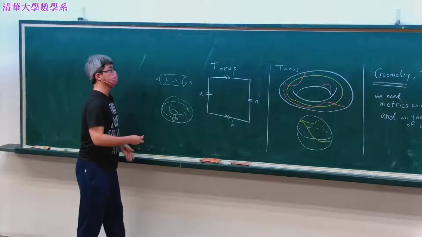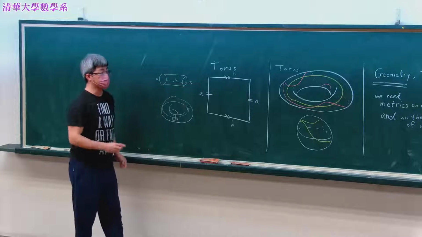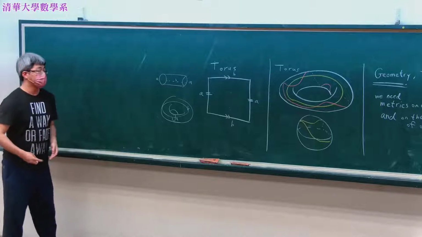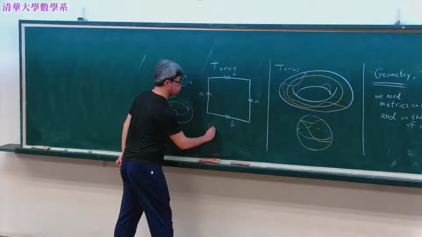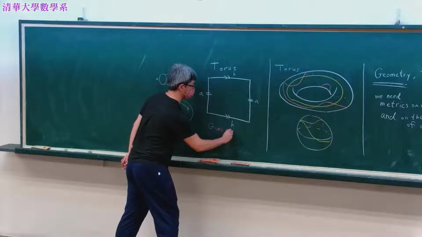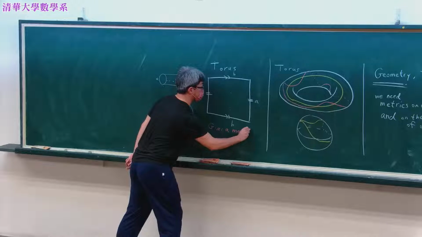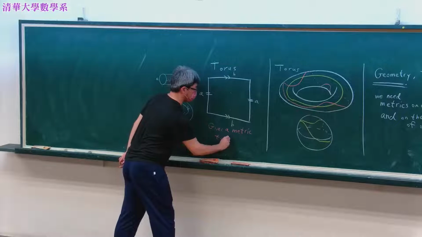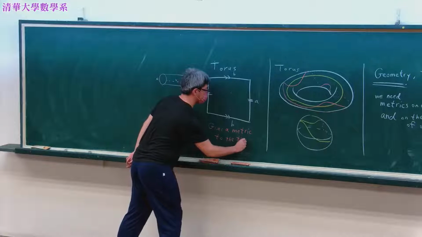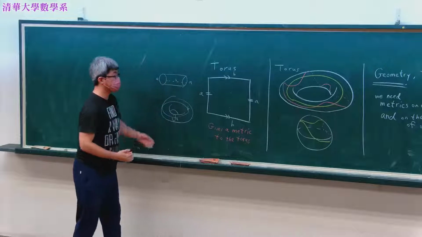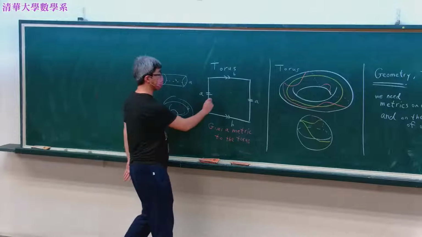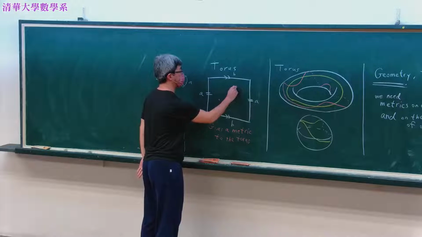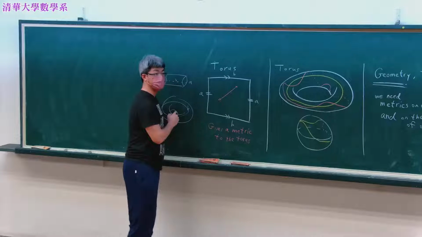And so we understand how to traverse this surface and in some sense, this picture gives a metric to the torus. So by drawing this picture, you can see that 2 points over here have a defined distance between them.